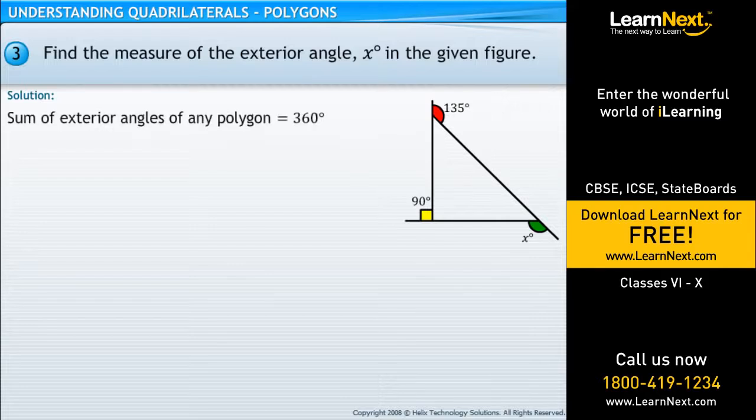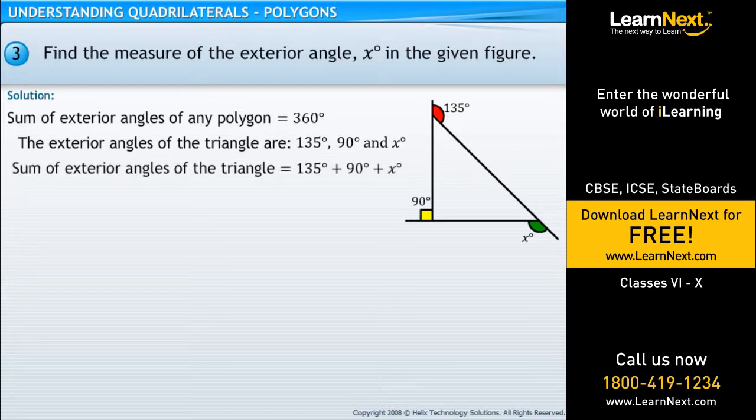We use the fact that the sum of the exterior angles of any polygon is 360 degrees. The exterior angles of the triangle are 135 degrees, 90 degrees, and x degrees. Therefore, the sum of the exterior angles in the given triangle is as shown.